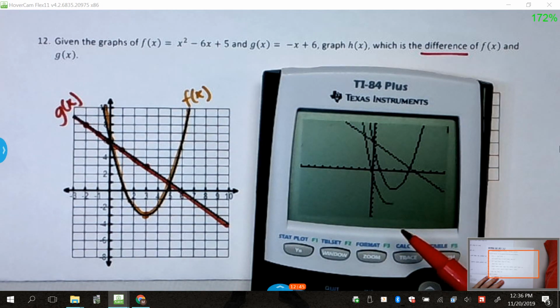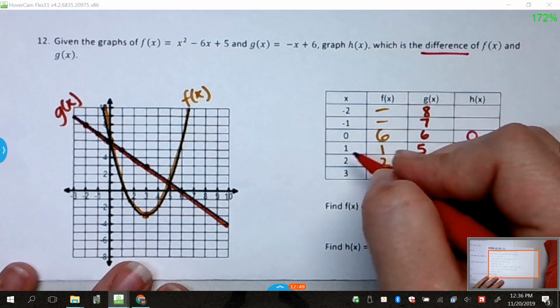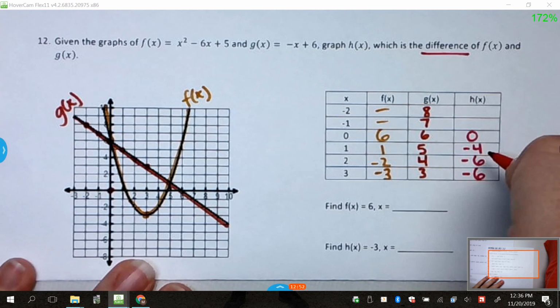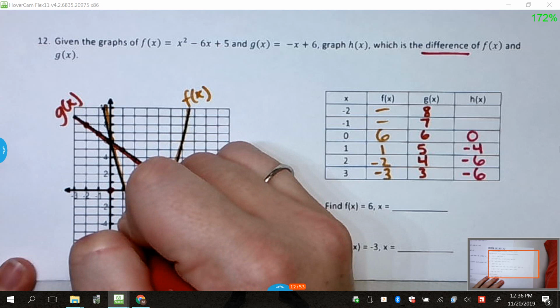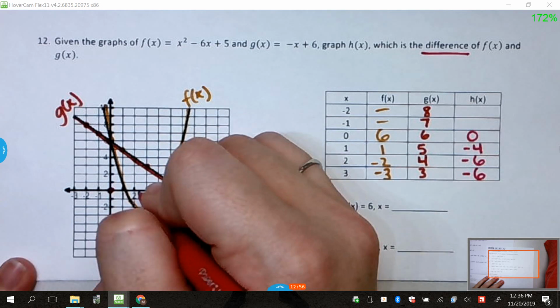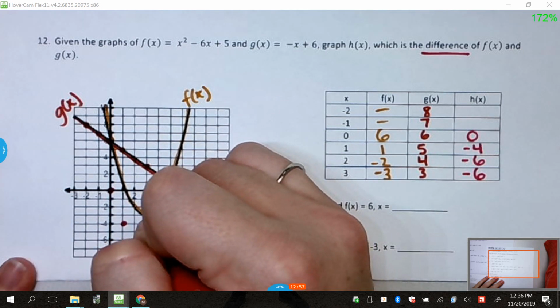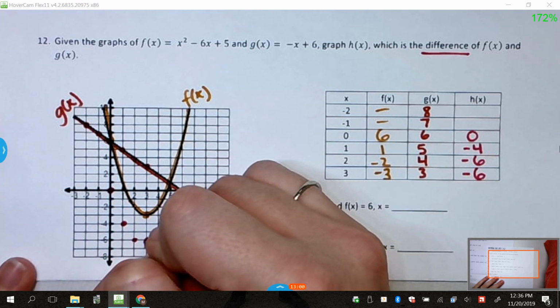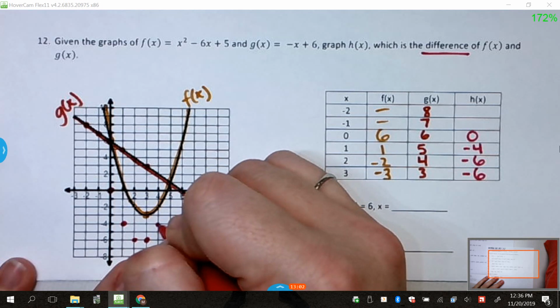If you notice, I'm going to have another quadratic. So when I plot these points 0, 0, 1, negative 4, 2, negative 6, 3, negative 6. Remember, it's symmetrical, so we know it'll come back up.